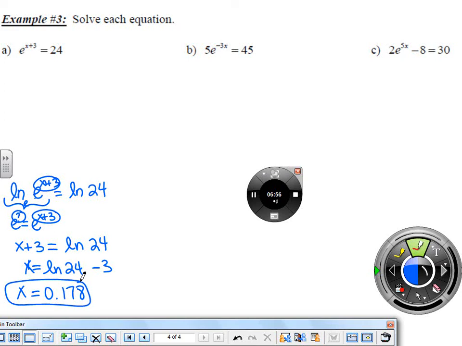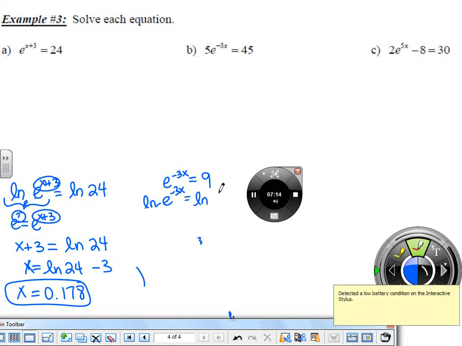So if I do the same thing with the next problem, the first thing I would do is divide both sides by 5. And then, again, I would take the natural log. And remember, my purpose in trying to use the natural log is that the natural log, again here, e to what power equals e to the negative 3x power.